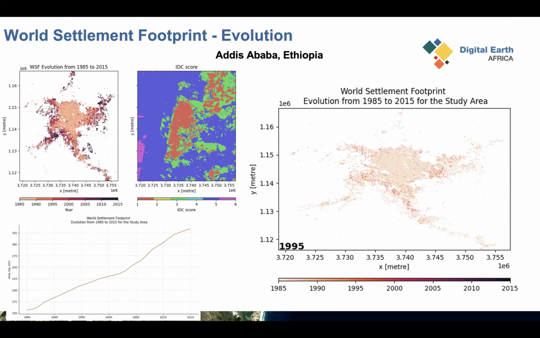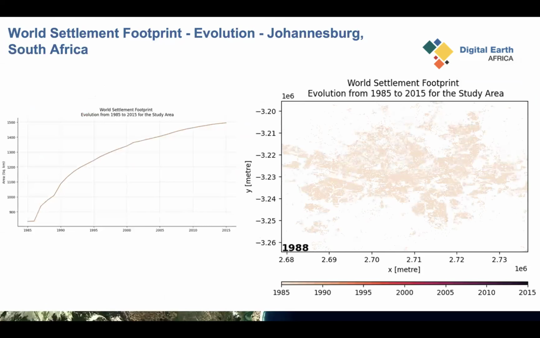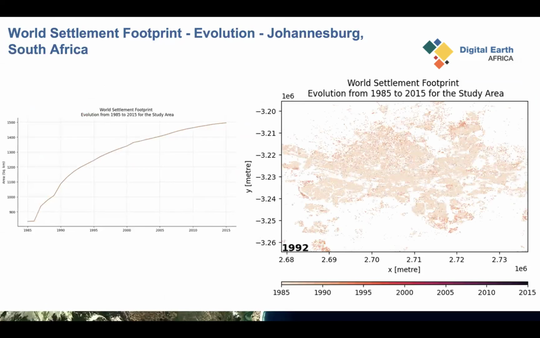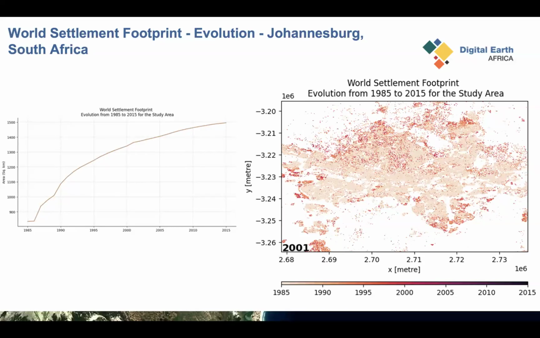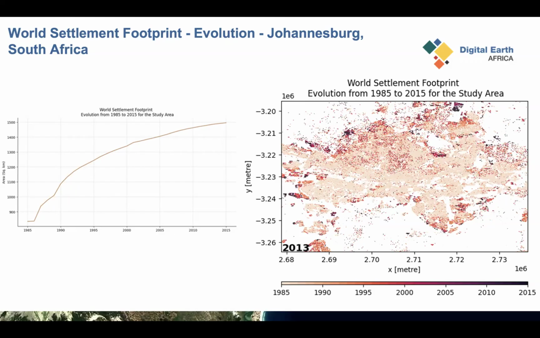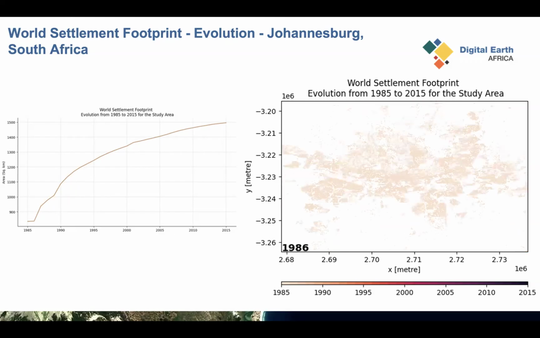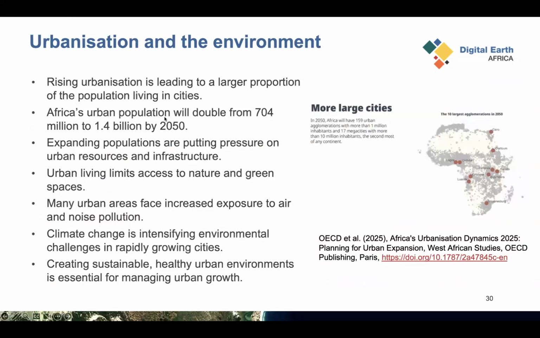So this is giving us the historical context. And going to the example of Johannesburg, we can see also the same, the 80s, the 90s, and the 2000s, when there was quite a lot of development, and also the case in point of the World Cup 2010, quite some developments have been seen in Johannesburg.